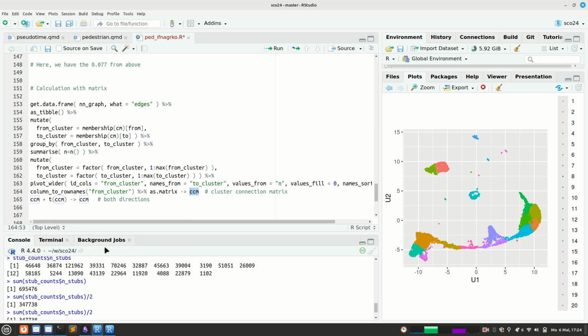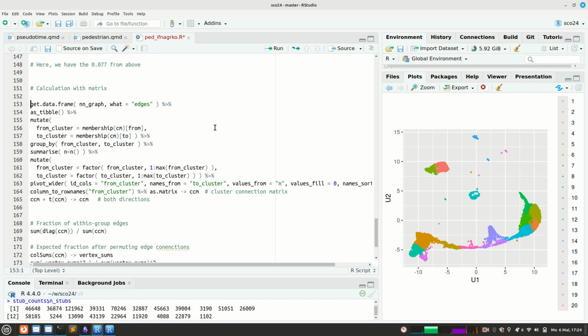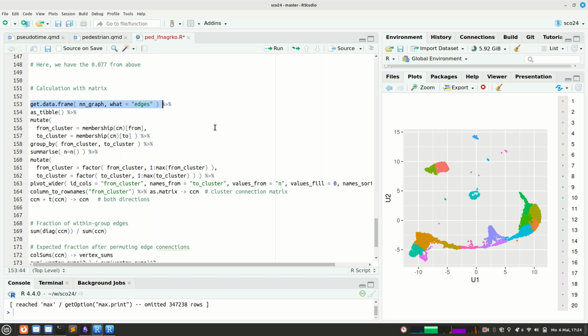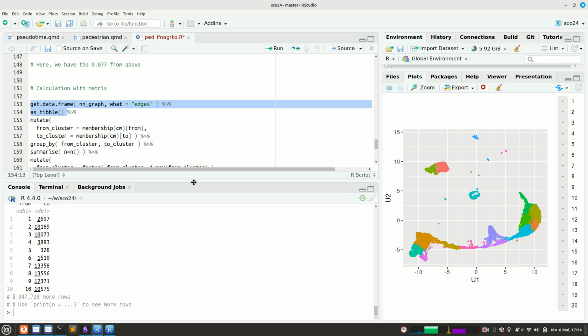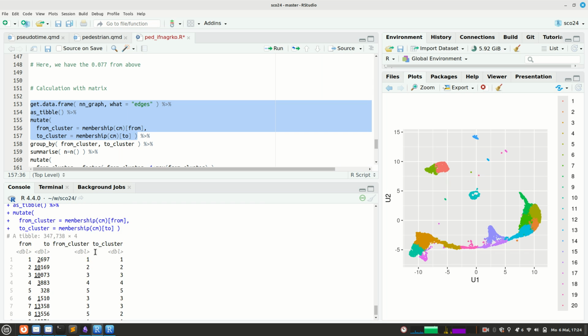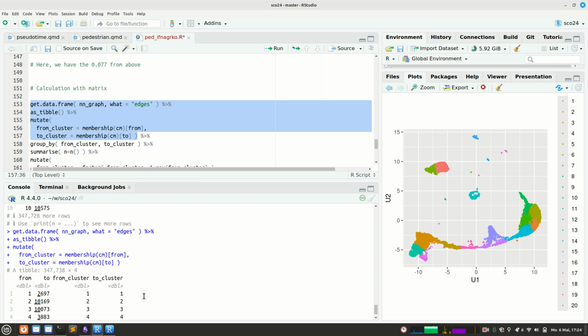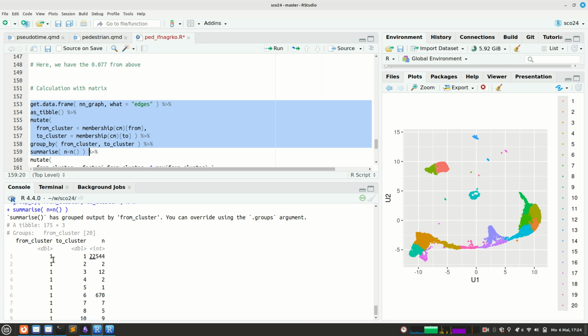In order to get this matrix, I've done the following. I took my edge list again and added information on what cluster these two vertices belong to. Now I group by from-cluster and to-cluster and make this table, which tells me from cluster 1 to cluster 1, there are 22,000 connections.